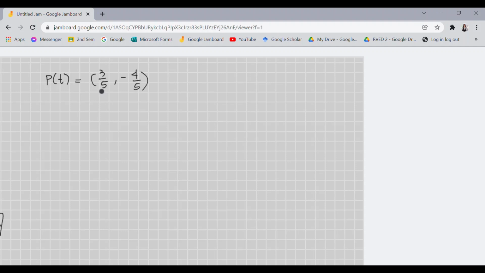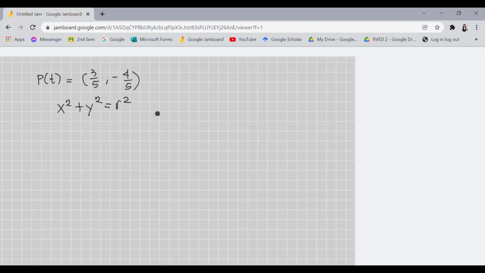That's a dual purpose, because by doing so, you can also get the value of its radius. In order to do that, we'll follow the formula x squared plus y squared is equal to r squared. Since we are checking this in comparison with the unit circle, we'll substitute: this is your x, this is your y.